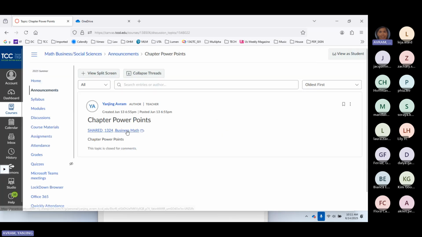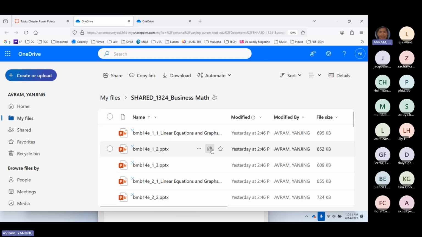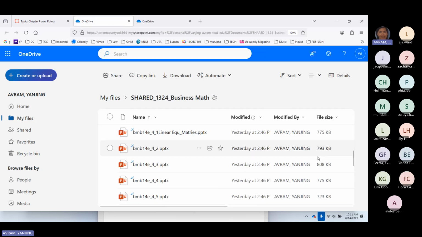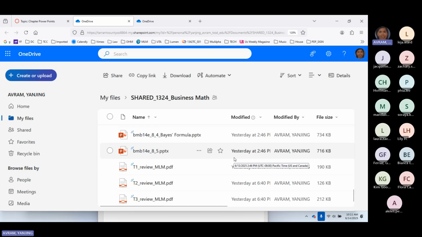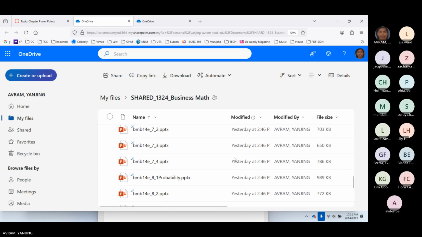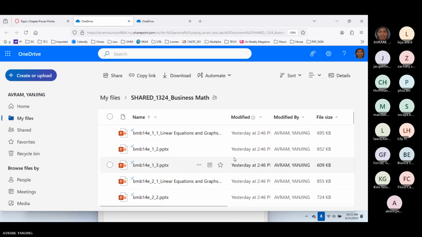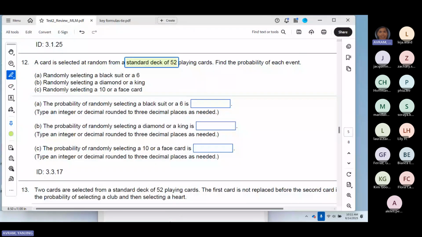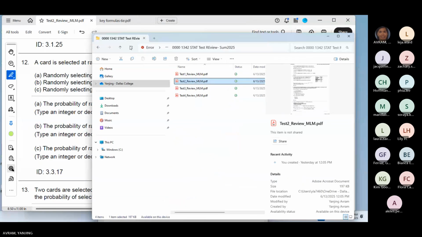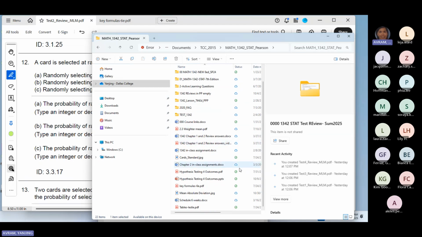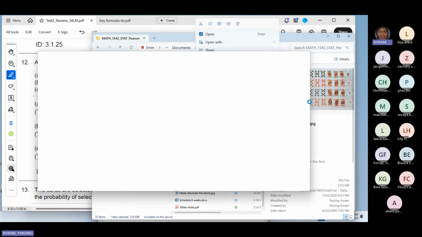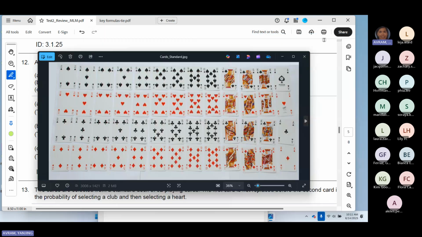I think if you go to this link, you should be able to find it. Maybe not. I'll drop a picture right here. Okay, this one is considered a standard deck.